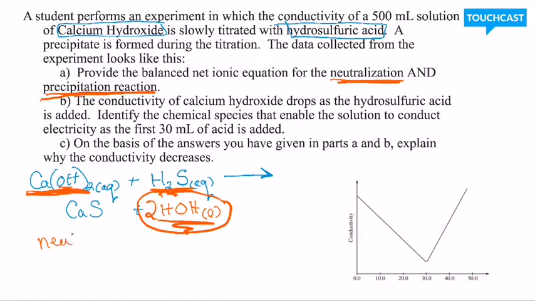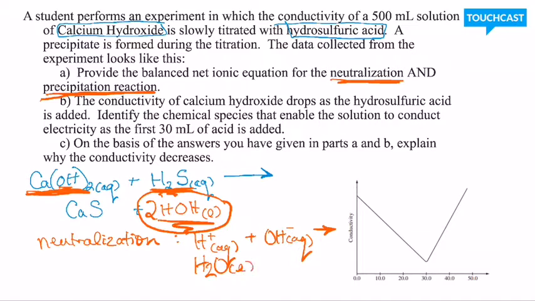One for the neutralization. In the neutralization, we would simply have hydrogen ions, H+, combining with hydroxide ions, OH-, to produce liquid water, H2O, liquid. And that would be one of my net ionic equations.